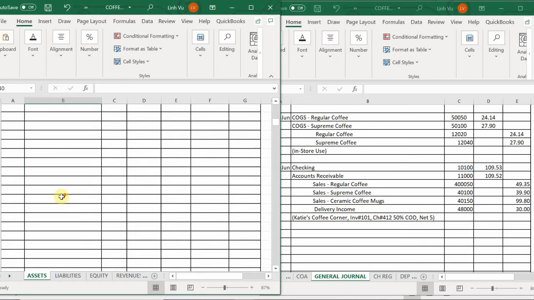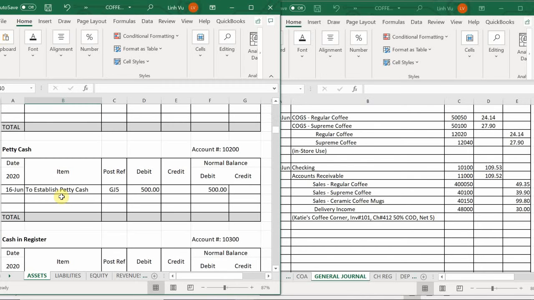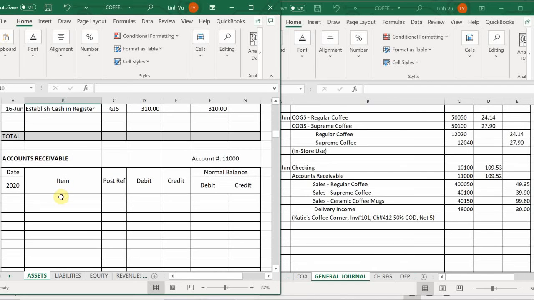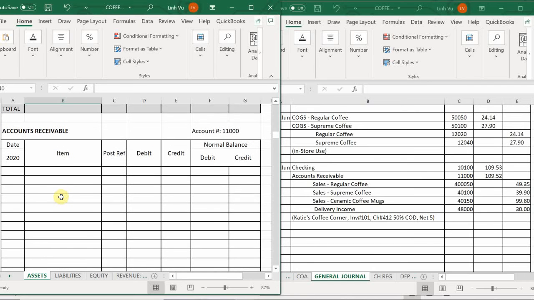We have to go down to our accounts receivable because Katie didn't pay for the whole entire bill. So therefore, Katie owes the company money. Accounts receivable is one of those transactions that we have to put in there.